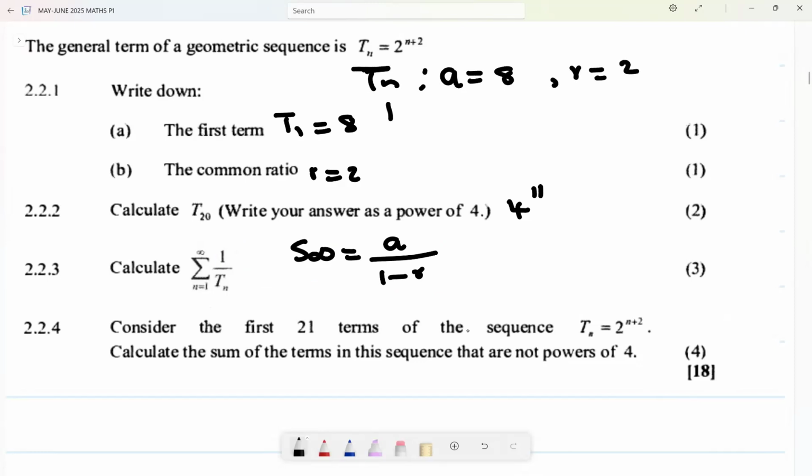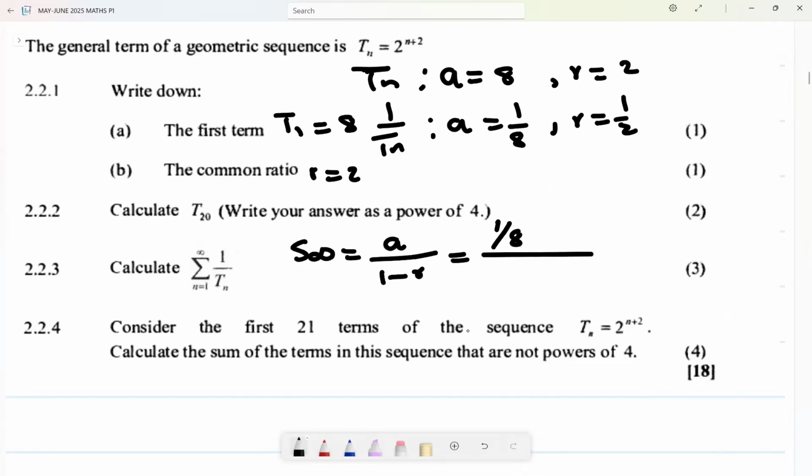Do you agree that for 1 divided by Tn, everything is just going to flip? a is going to be 1 divided by 8, and r is going to be just half. So it's easy, guys. a is going to be 1 divided by 8, all divided by 1 minus 1 divided by 2. So let's see how much you get.